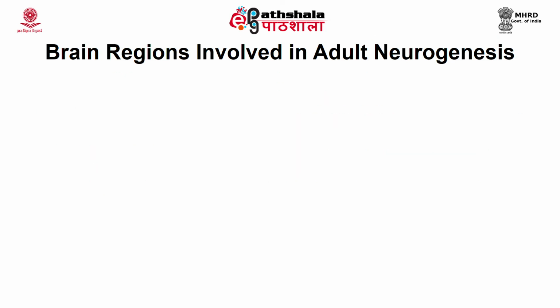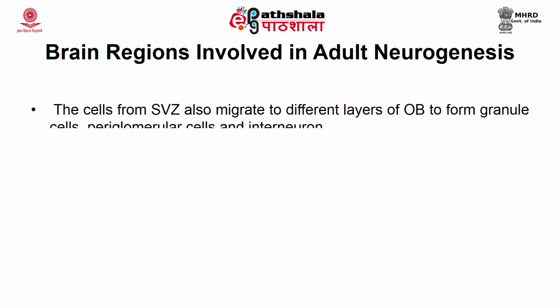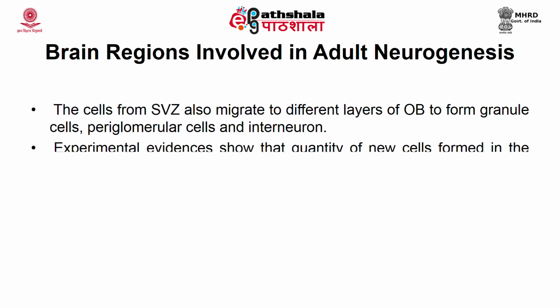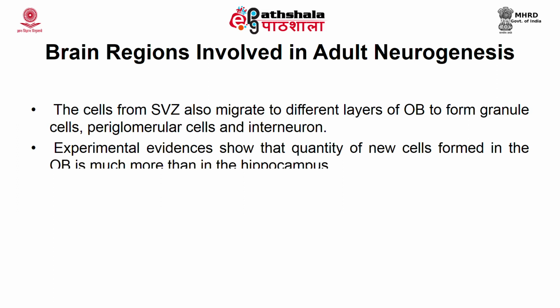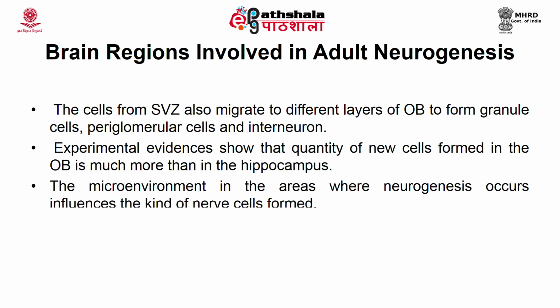And cells from the olfactory lobes show migrations, and there is experimental evidence that the neurogenesis in the olfactory lobe is more than what is seen in the hippocampus, and the microenvironment in these areas influences the kind of nerve cells formed.